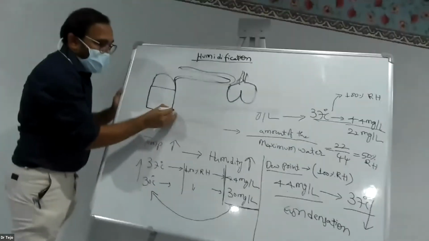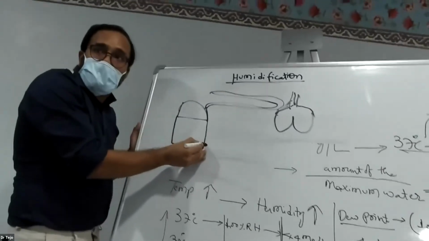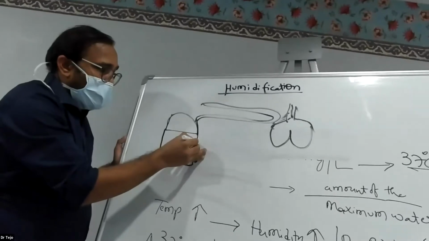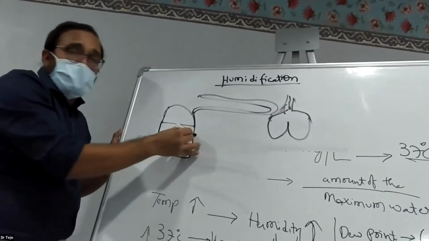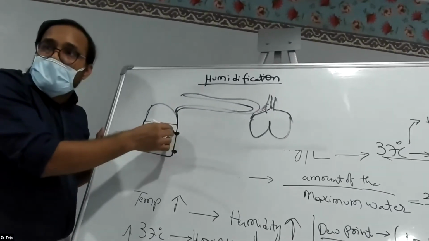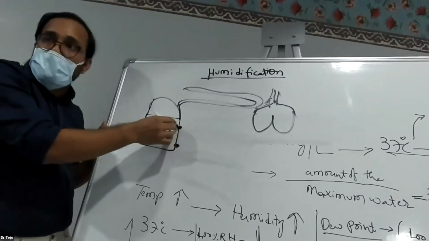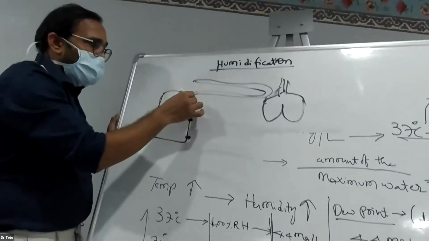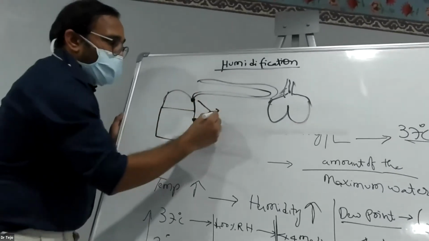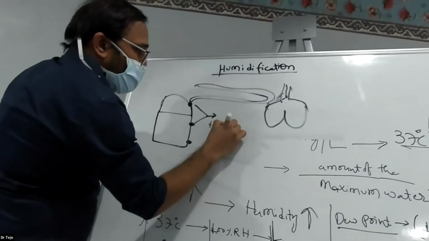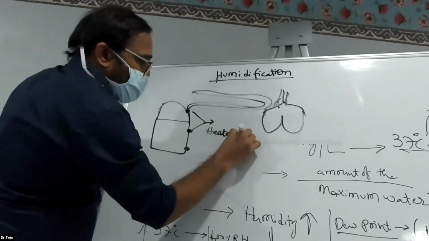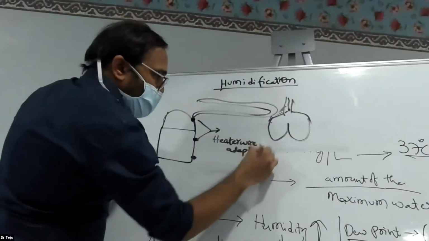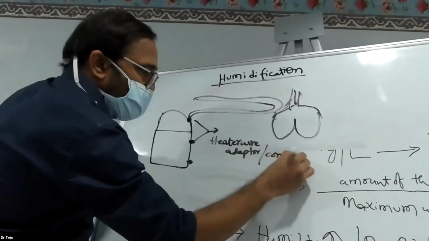Here you will have the alarm when the temperature probe connector is not functioning properly or the humidification is not proper. And here you will get an alarm when the heater wire adapter connector is not inserted properly or not sensing properly, and these two will come simultaneously when there is a heater wire adapter or its connector malfunction.